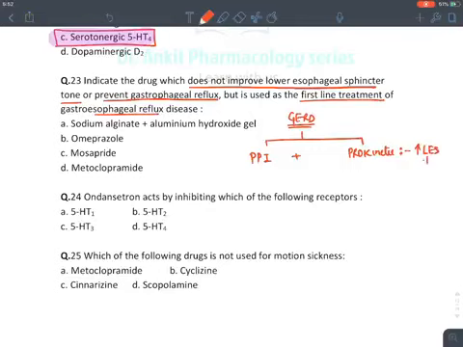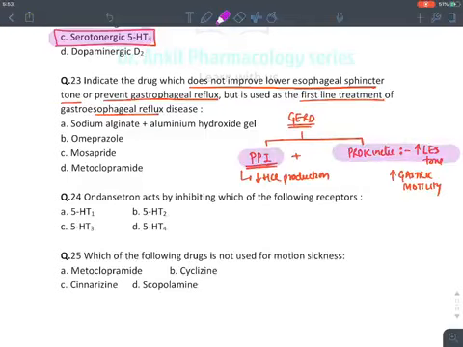Prokinetics increase lower esophageal sphincter tone and increase gastric motility so that the food should not reflux backward, while PPI will decrease HCl production. So this is the treatment of GERD, PPIs with prokinetic drug. So the answer out here is omeprazole.